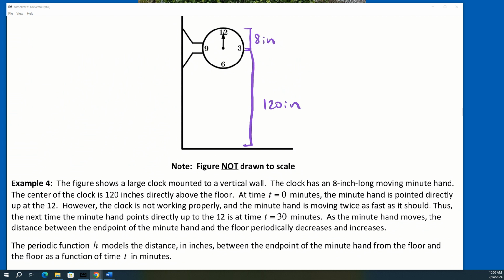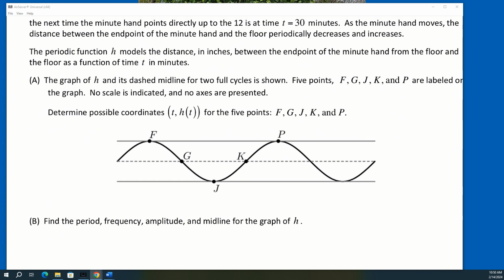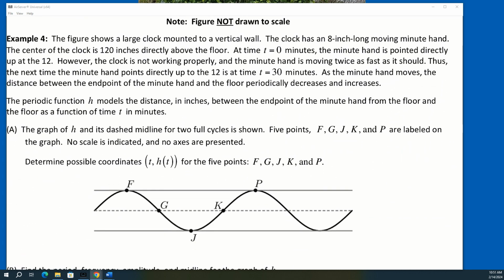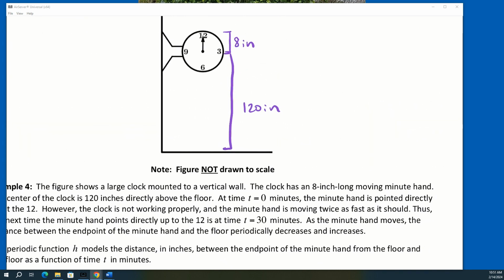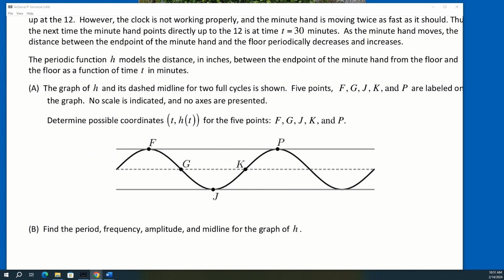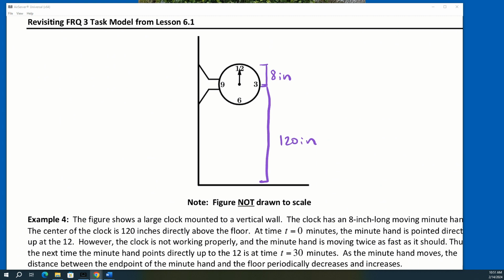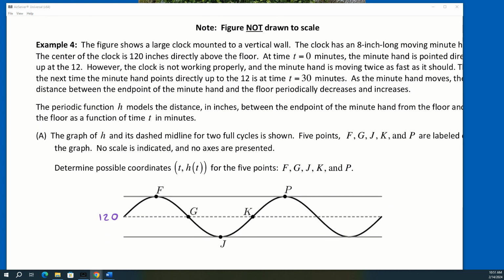Okay, I'm gonna hold off on the rest of that for now, and I'm just gonna go ahead and label some stuff on the graph. All right, so it told us the center of the clock to the floor is 120. So that's gonna be the midline. What do you guys think about the maximum distance? 128.